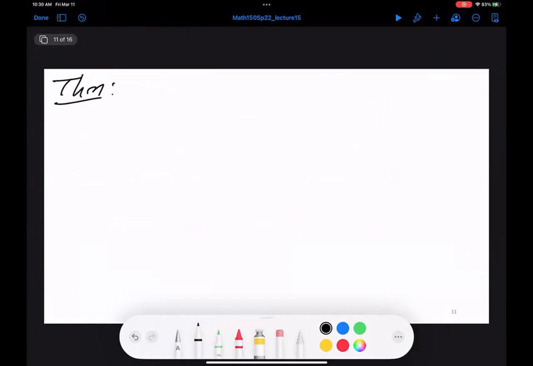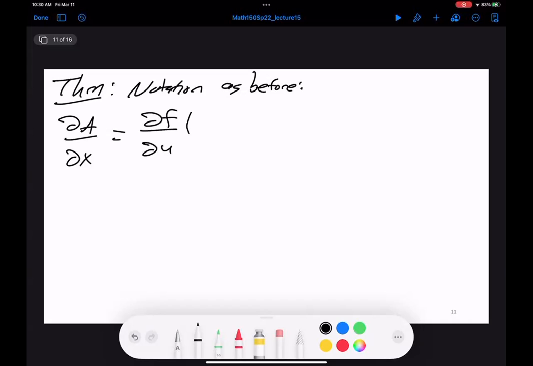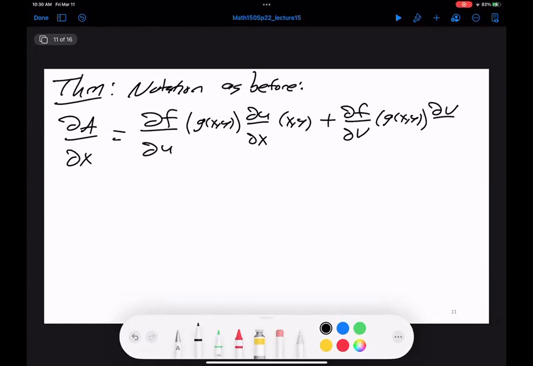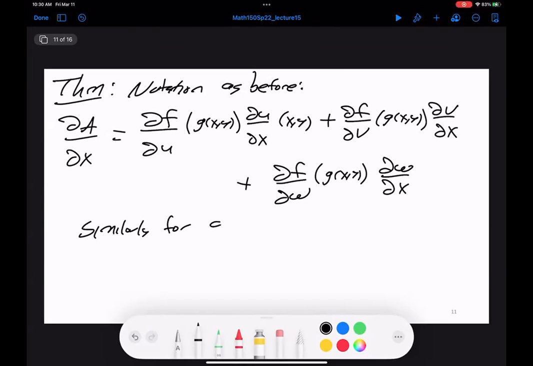Theorem, notation as before: dA dx is going to be df du at the point, I'll call it g of xy, times du dx at the point xy, plus df dv at the point g of xy times dv dx, plus df dw at the point g of xy times dw dx. And then similarly for dA dy.